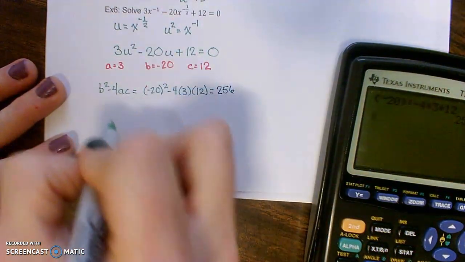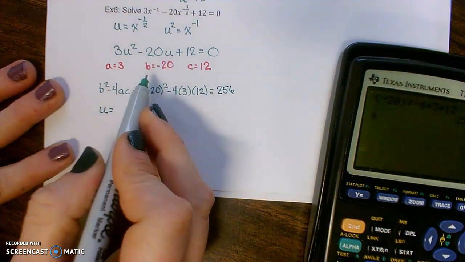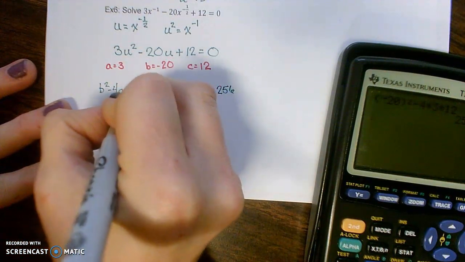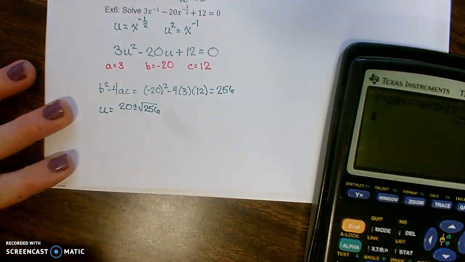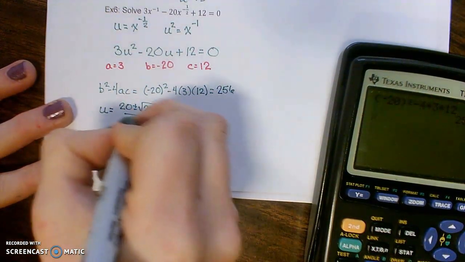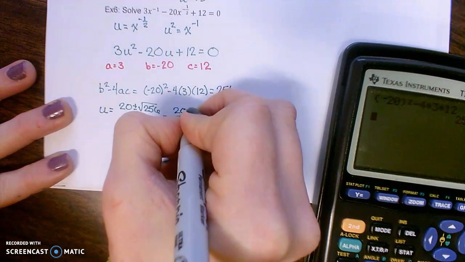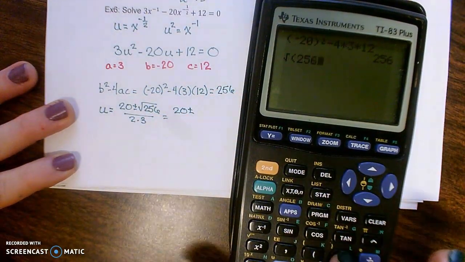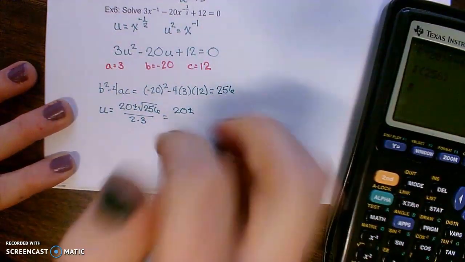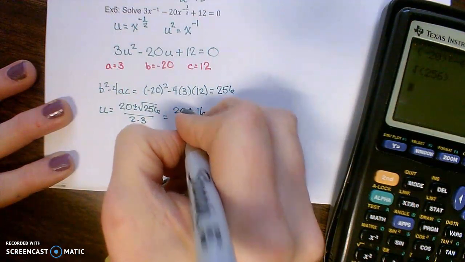So now when I use that to plug it into the rest of the quadratic formula, u will be negative b, so positive 20, plus or minus square root of that calculation I just did, all over 2 times a. So this will be 20 plus or minus the square root of 256 is 16, all over 2 times 3, which is 6.